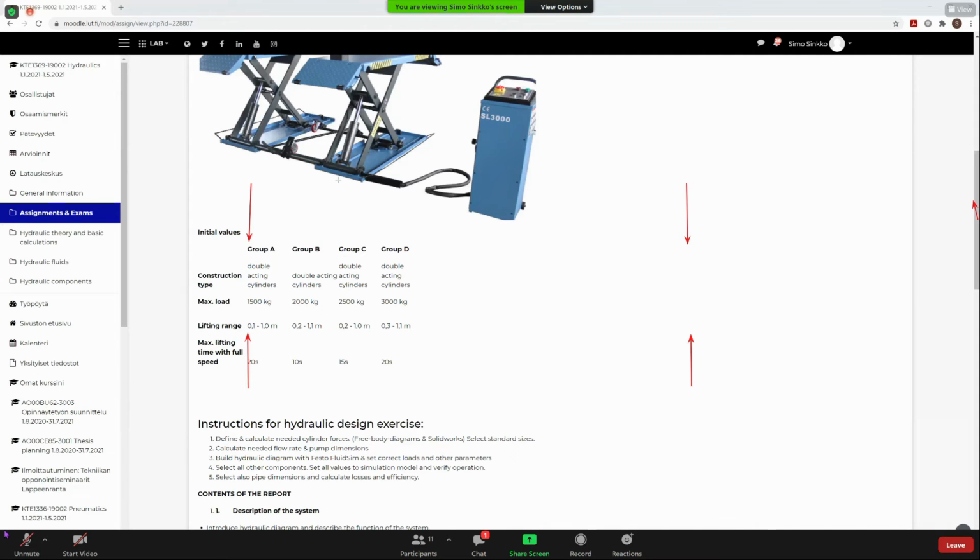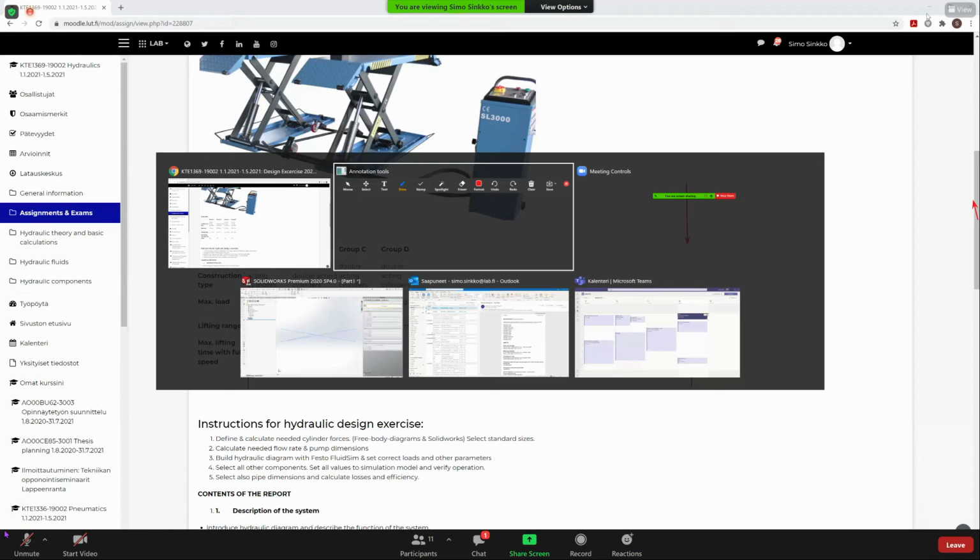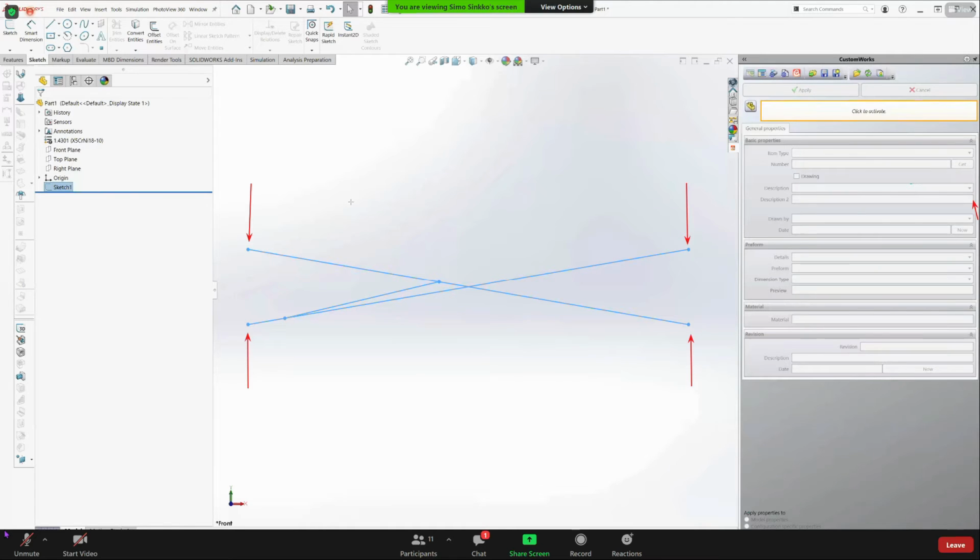If the total load is called F, and one cylinder is taking care of half of the load, we can split this half of the load in two if we think the load is symmetric. So we would have F divided by 4 here, and F divided by 4 here.